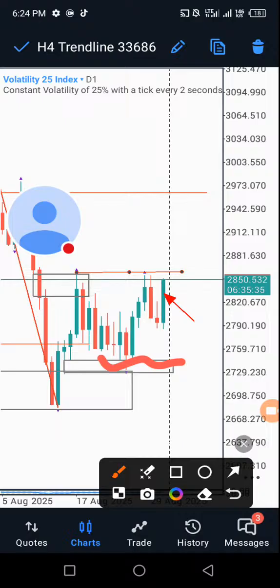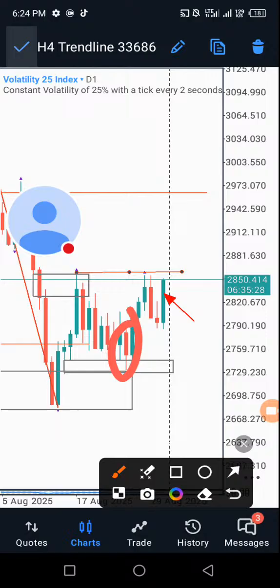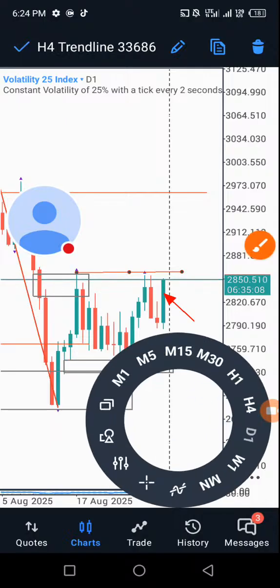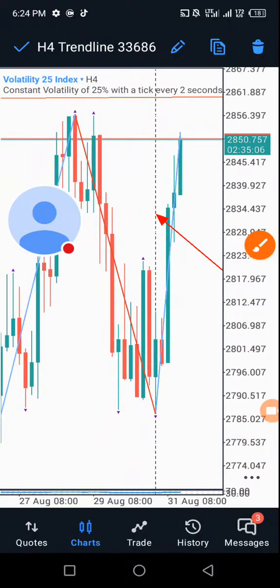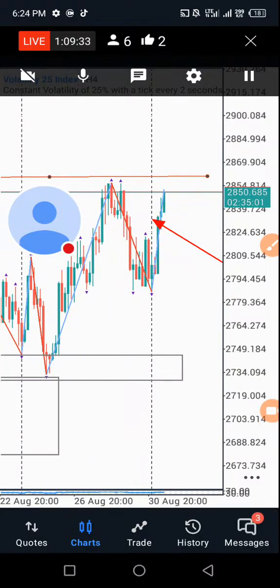We also have an order block here, but we are not interested in this order block, because there has been no break of structure above. We already have a level here that we want price to come back to, so we'll just keep that level.